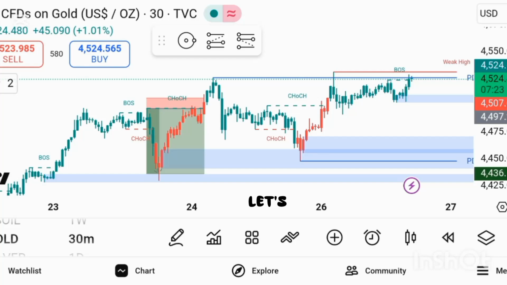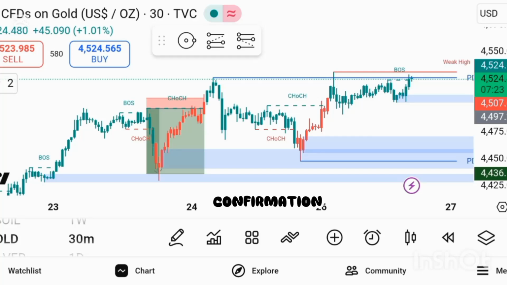Now, let's move step by step into the trading scenarios. The first scenario, and the safest one, is a buy on pullback. If price retraces slowly into the demand zone between 4,460 and 4,470, we do not buy immediately. We wait.